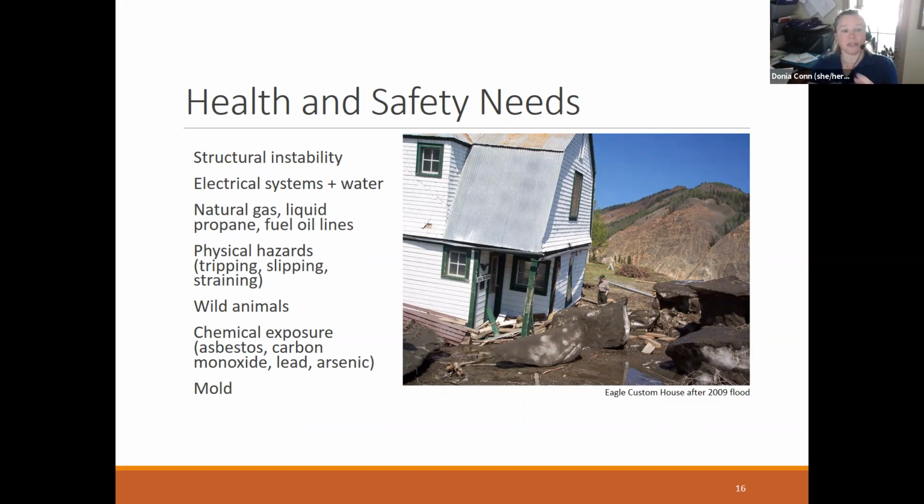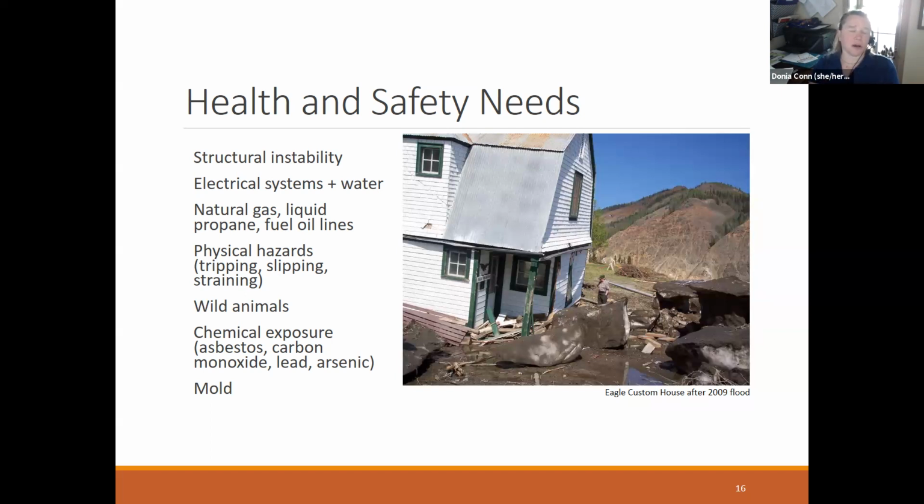Now we're going to be looking for little structural instabilities within the building that could be problematic. It could be a bulge in a plaster ceiling that structurally isn't going to cause the building to fall down, but it could cause the plaster to rain down on workers when they're starting the recovery. And so we need to be looking for things like that.